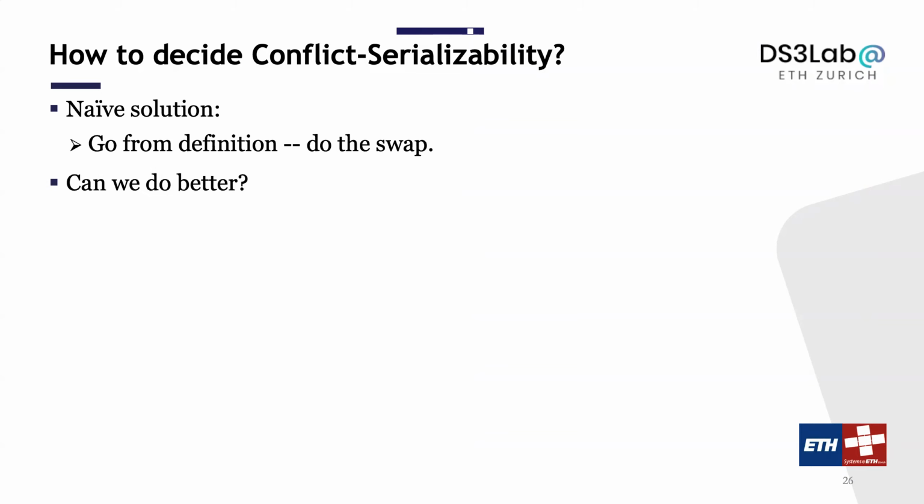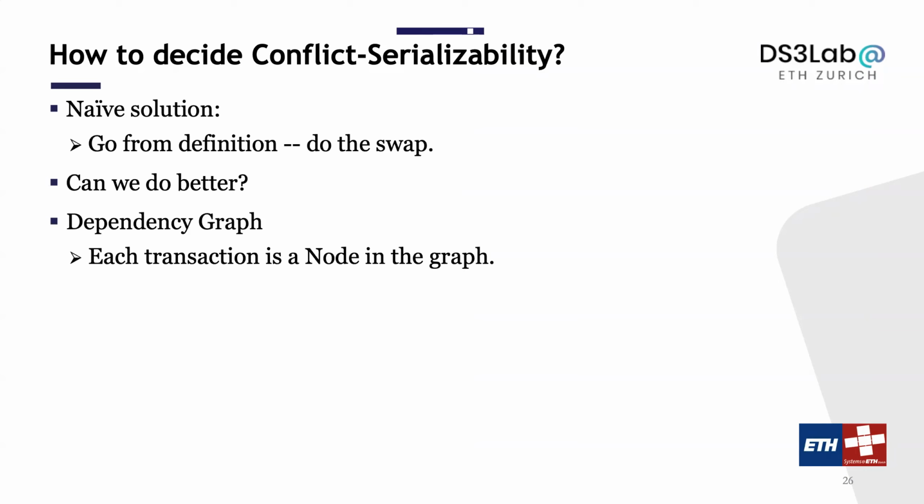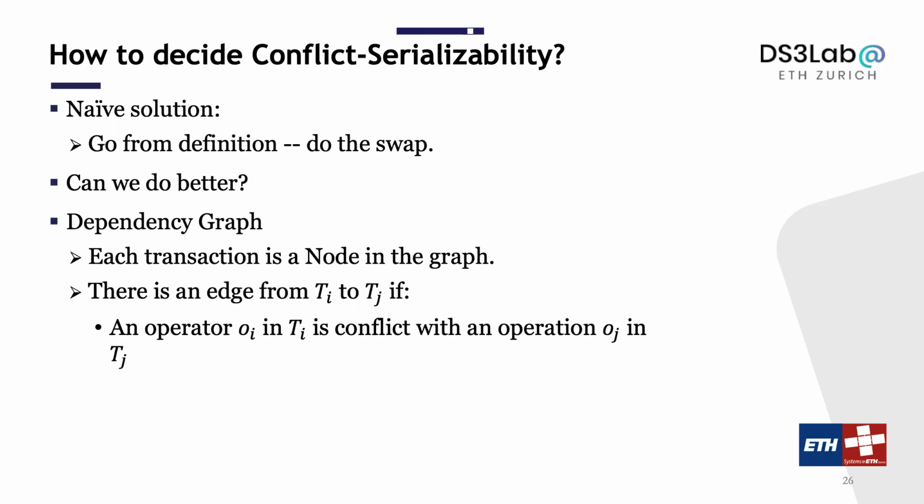But there's an easier way to do it, and that is by constructing a dependency graph. Essentially, if you have multiple transactions in the system, you construct a graph where every single transaction becomes a node in the graph. There's an edge from Ti to Tj if an operation Oi in Ti conflicts with an operation Oj in Tj, and Oi appears earlier.